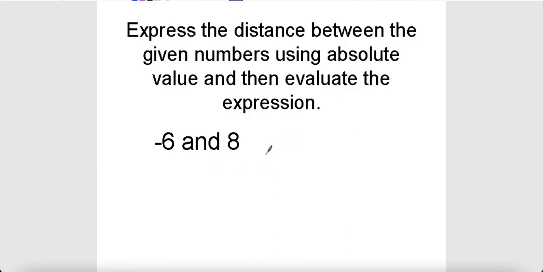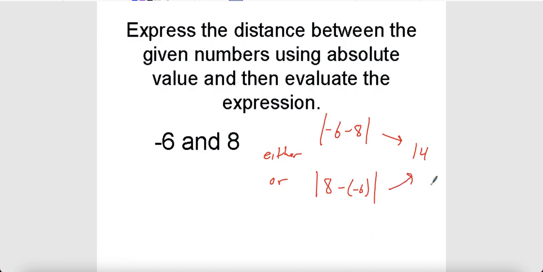You can either do negative 6 minus 8, absolute value of which is 14, or 8 minus negative 6, absolute value of which is still 14. So it doesn't matter which way you do it as long as you subtract them and do the absolute value of that difference. Doesn't matter in which order you subtract them.